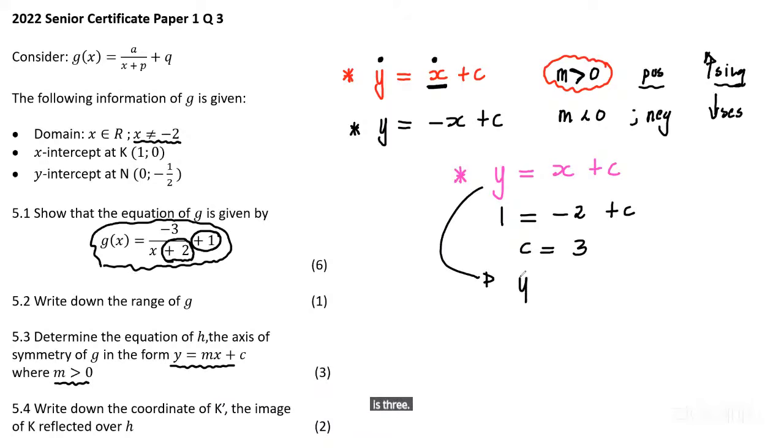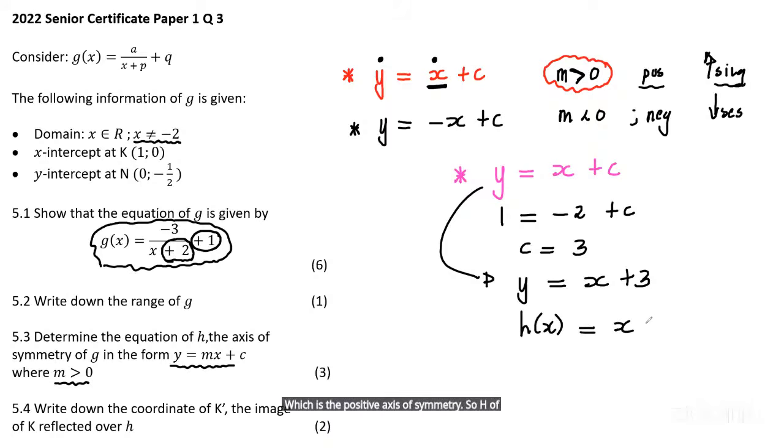Therefore, the value of y becomes x plus 3. So this becomes the equation of h, which is the positive axis of symmetry. So h of x is x plus 3. That's your answer.